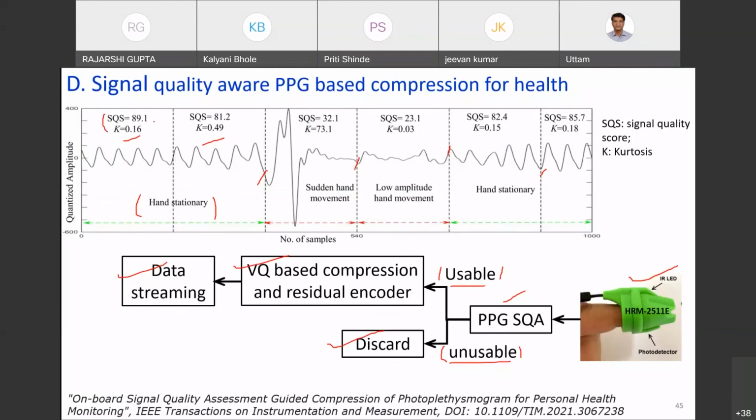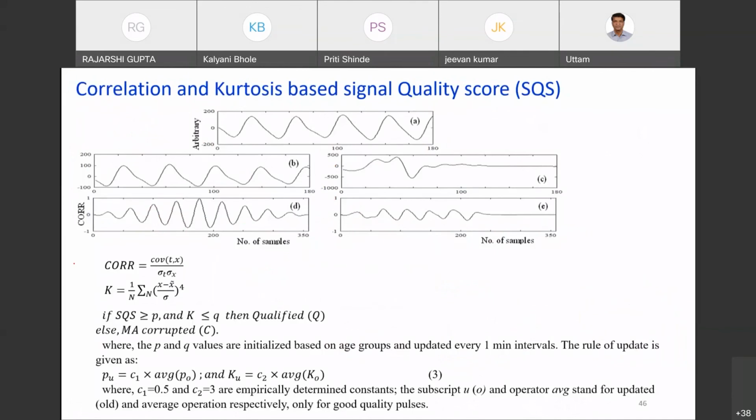So the basic thing was the signal quality score. Here I have shown some signal quality score and kurtosis values. So what we did is that we took correlation and kurtosis, and using a combination of them, we could develop a signal quality score, and we took some heuristic calculations on around, say, 100 volunteers to take the initial values like this and this.